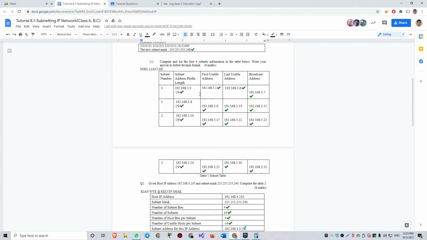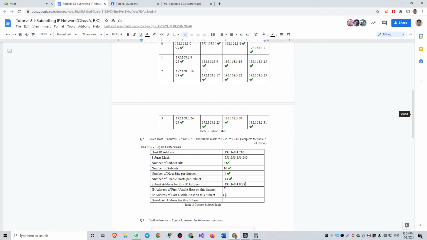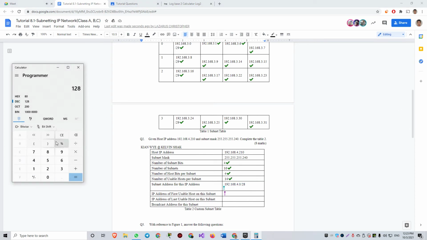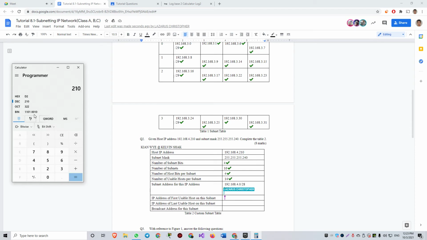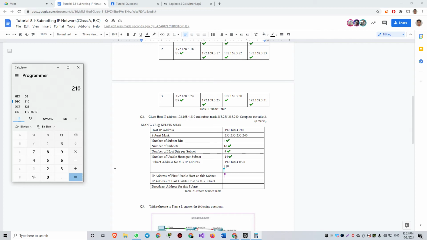How do you find out? First of all, can you convert the 210 into binary? 210 in binary is what? 1101 0010.